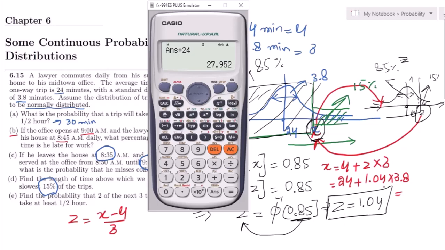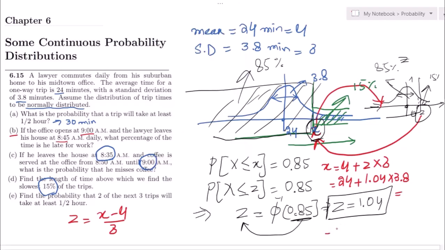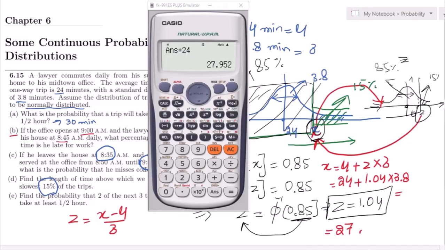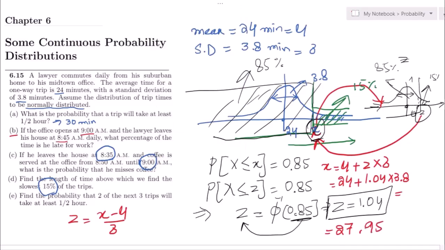Okay, so the answer, let me write it here, 27.95, so the time is 27.95 minutes. Okay, so that is the solution of part D of my question.